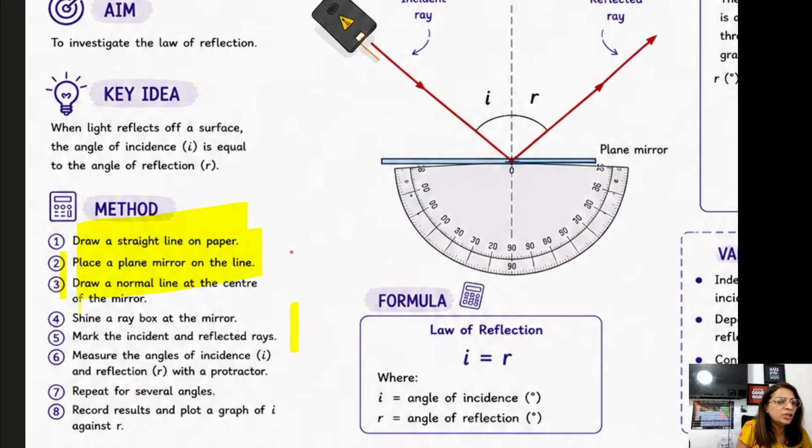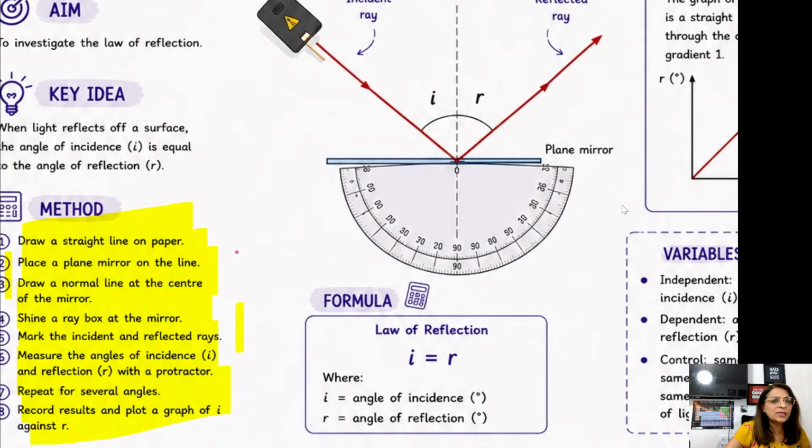Place a plain mirror. Draw a normal line in the center. Shine a ray at the mirror. Mark an incident and reflected ray. Repeat and just plot a graph. Do you understand what is happening, guys? Do you want me to explain it with the drawing? Please type in the chat.